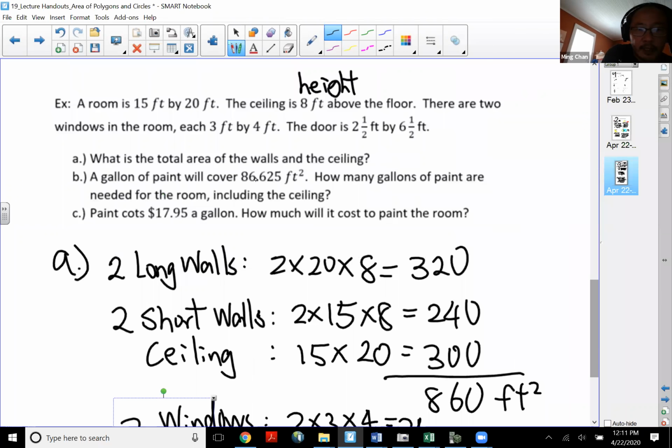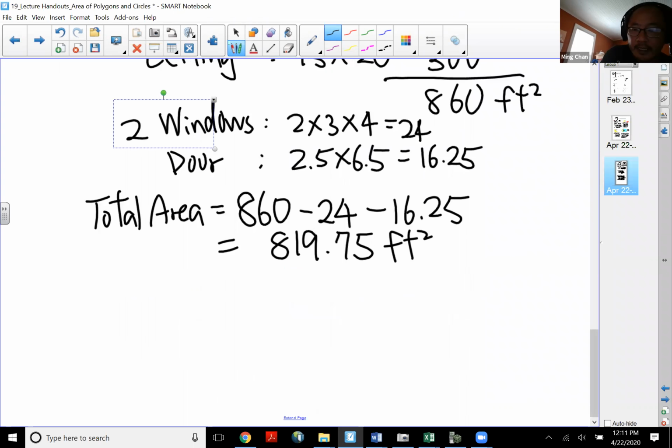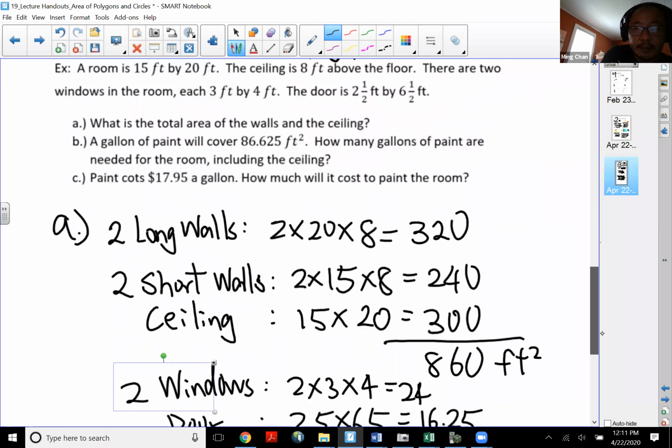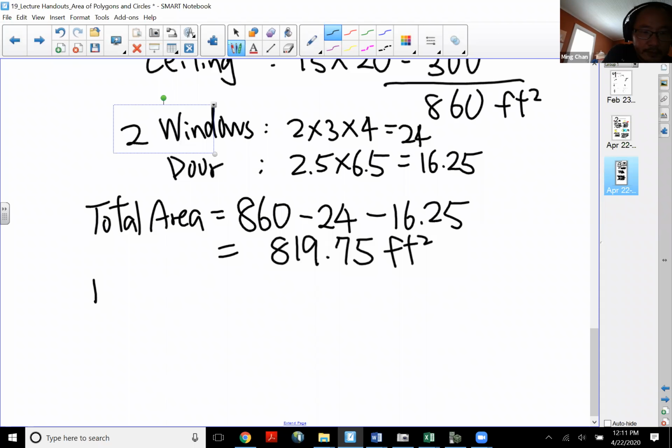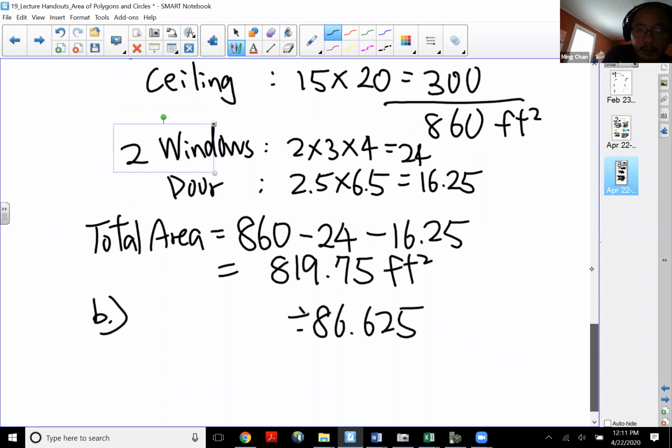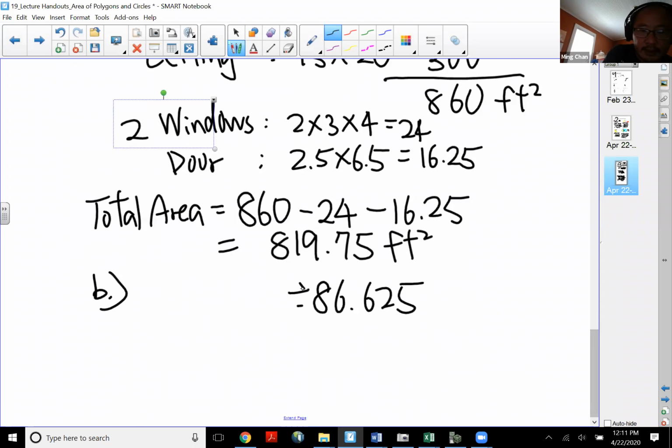A gallon of paint will cover 86.625 square foot. How many gallons are there? Did I say it right? 86.625. Yep, it's been a while since I've done these problems. So I take my total square footage divided by what 1 gallon of paint can do.